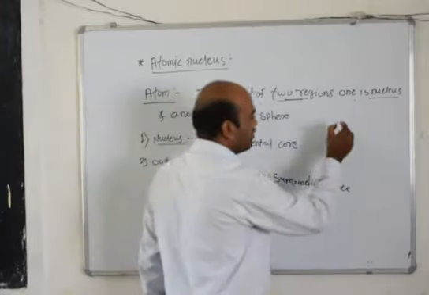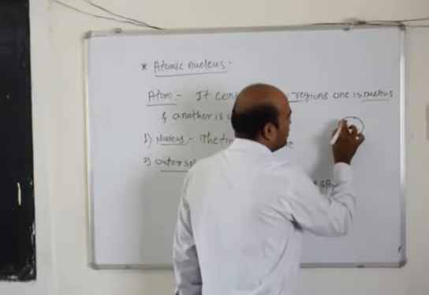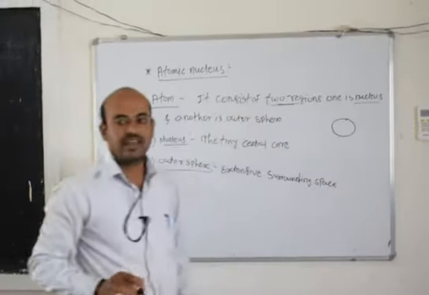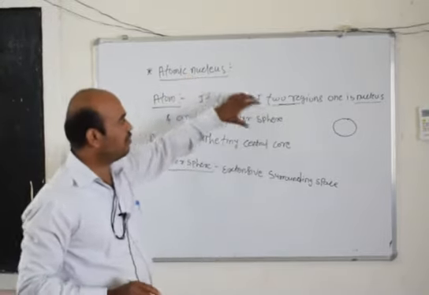See here the atom, these are the atoms of one element. It consists of two regions.